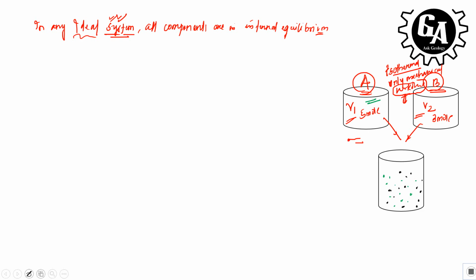Now when they are mixing, in the starting part, this is volume V1, this is volume V2. When we mix these two separate system components having different compositions, without chemical reaction, by thermodynamic operation, a small partition is established between these different systems. For some time there will be a partition, that means they will not directly mix for maybe 1 second or 2 seconds.